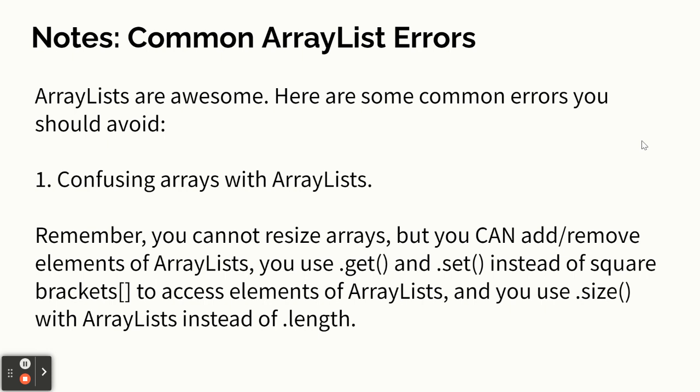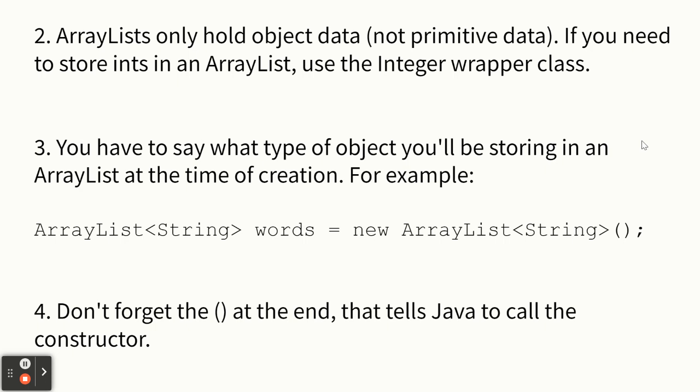So anyway, we'll practice. ArrayLists, number 2, ArrayLists only hold object data. So like strings or frogs or other custom classes, or if you need to store integers in them, then you store them using the Integer class with a capital I. And there's also Double with a capital D and Boolean with a capital B, but not a big deal.